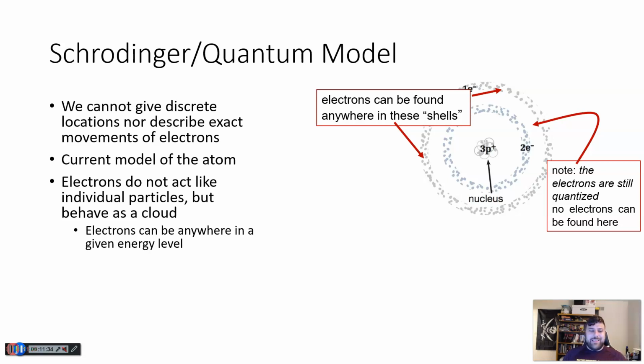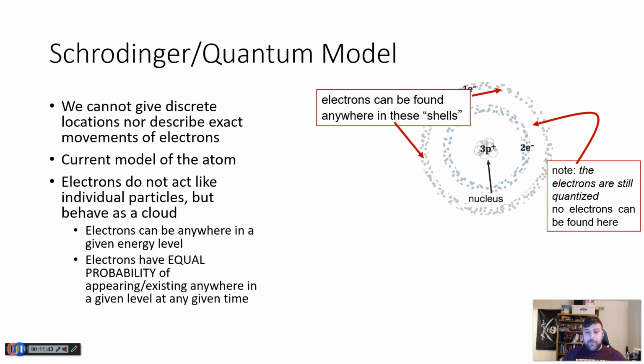What this means is that electrons can, in all reality, appear anywhere in that given cloud. They have an equal probability of appearing or existing anywhere in that given level at any time. So if we're looking at that first energy level and we know there's 2 electrons in there, we don't know exactly where those 2 are. We just know they're somewhere in that level.